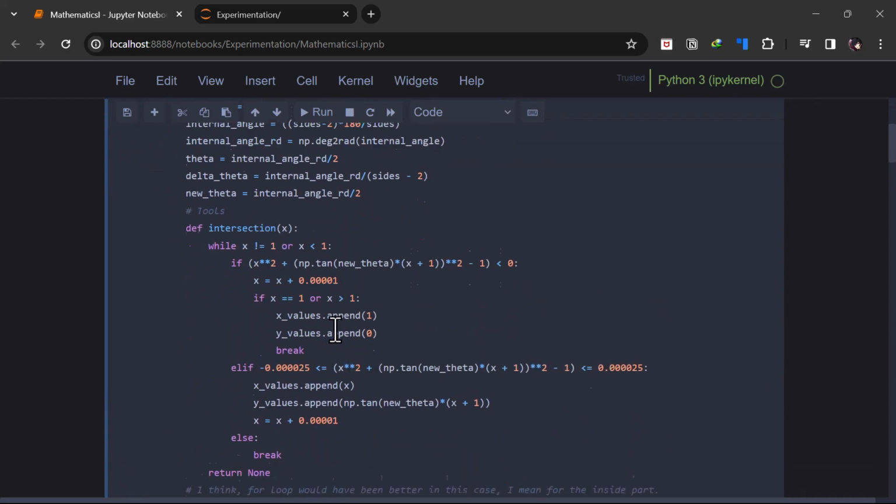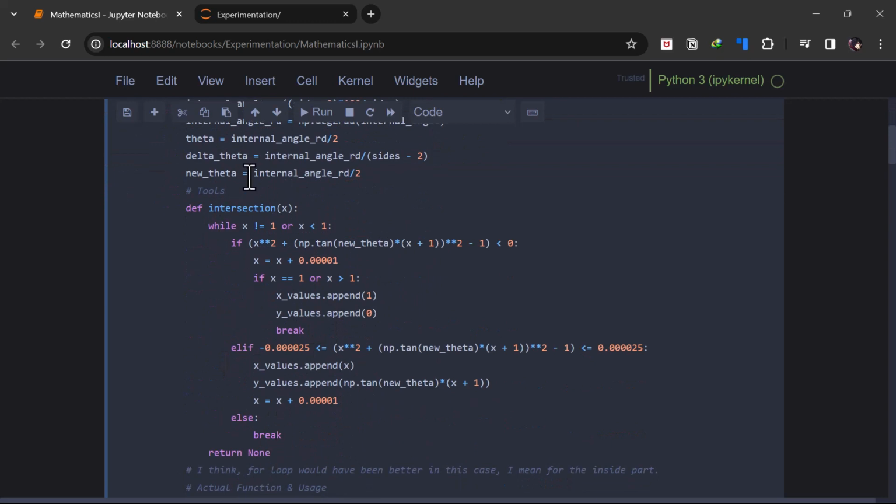Now we will define the intersection loop, or what I discussed with you in the theoretical part, which is the incrementation loop. So this loop will run while this condition is true. Up until the value of x, where x is nothing but the point from where you want this loop to start incrementing.